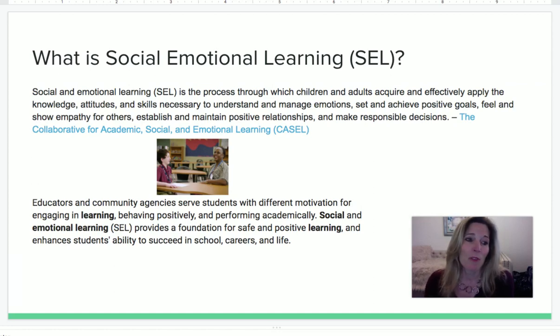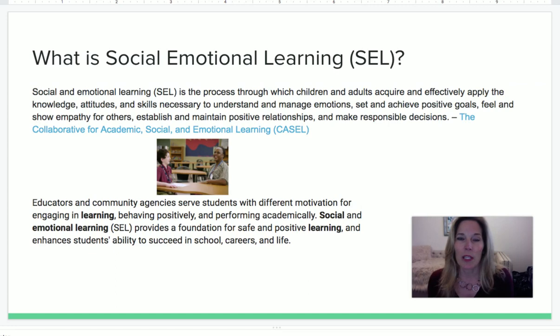Now, before I move on and talk about the different things when it comes to social and emotional learning, the first thing that you have to remember, or everybody should be working towards when students are in their classroom, is the whole rounded student. So when we're in schools or our programs, we focus on academics a lot.